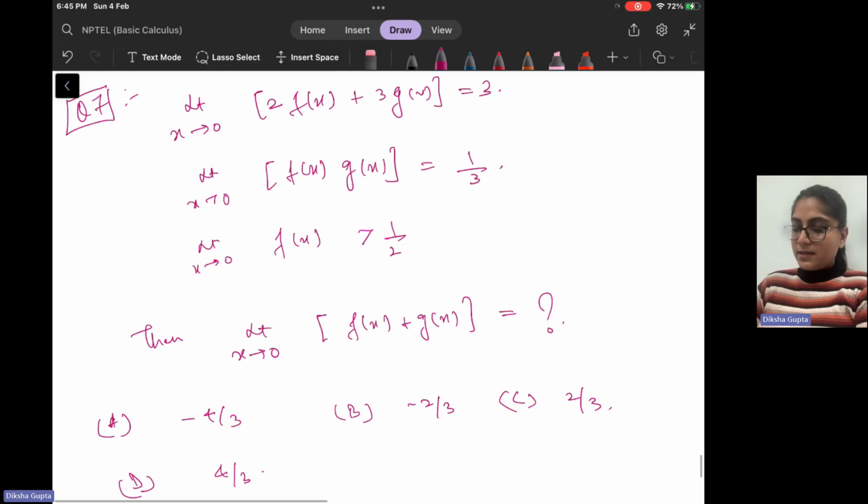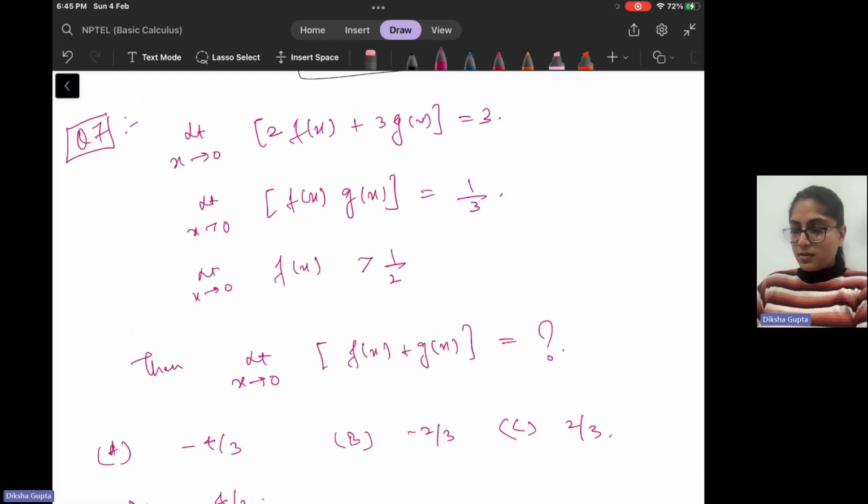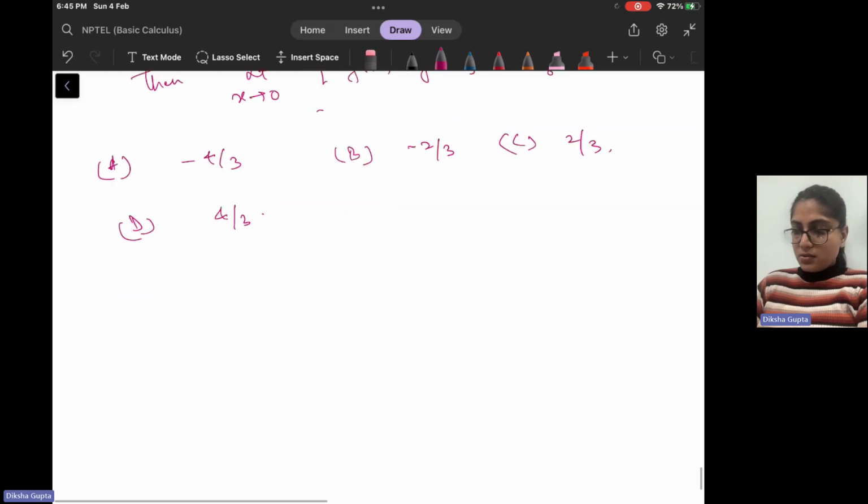Now you have some relation between the limit of f(x) and limit of g(x). This gives the idea that you can make a system of equations from here and then try to find the limit of f(x) and g(x) at the point 0 and then put it here to get the required answer. So what do we see?